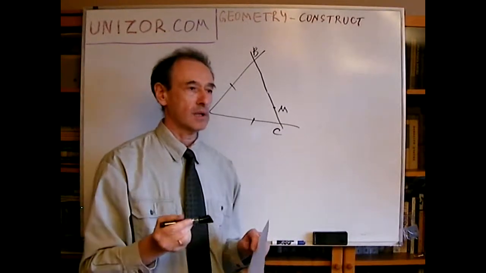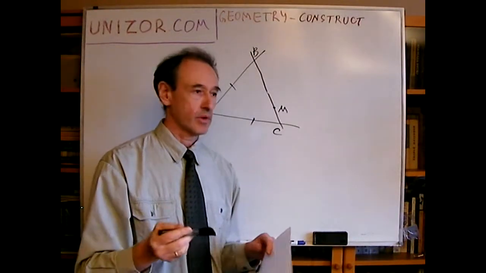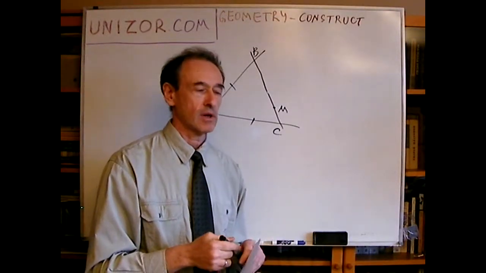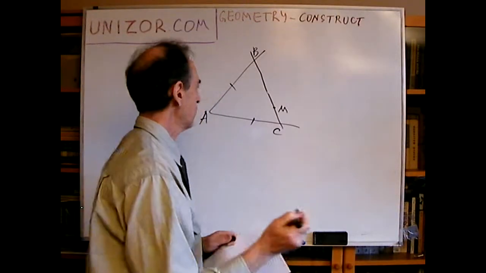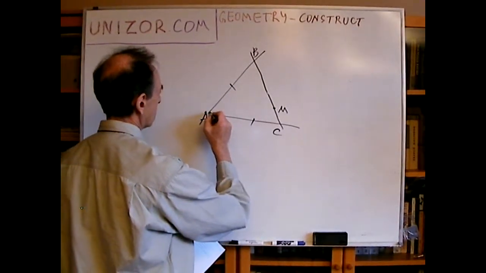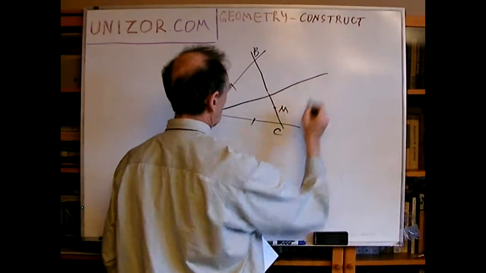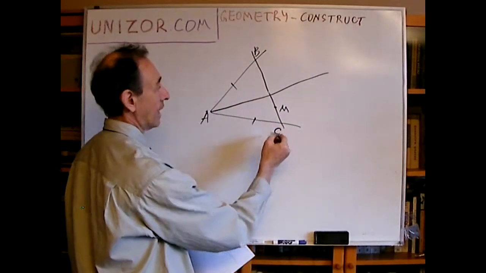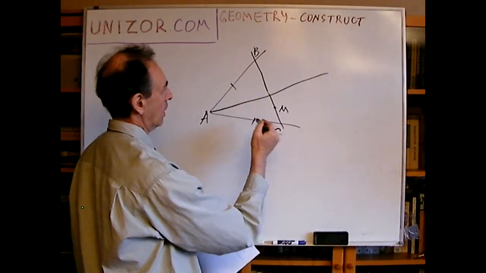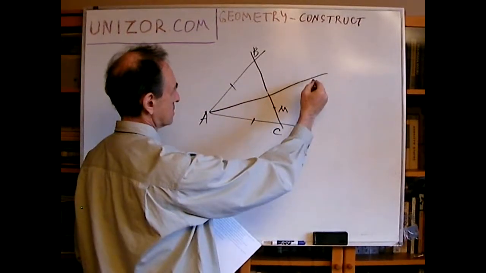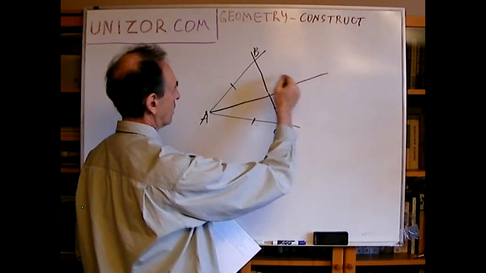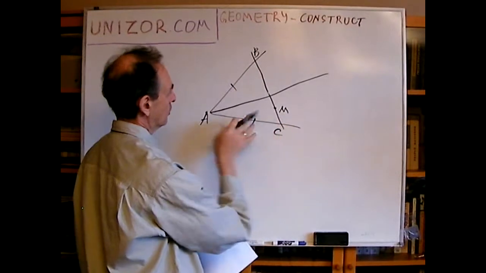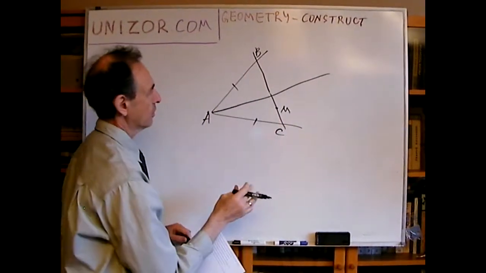Remember, one of the previous theorems or construction problems we had was the following. If you have an angle bisector and draw a perpendicular anywhere to this angle bisector, then this perpendicular would cut congruent segments from both sides.